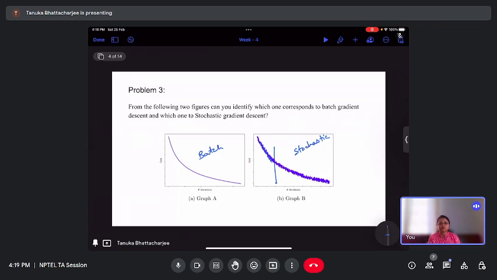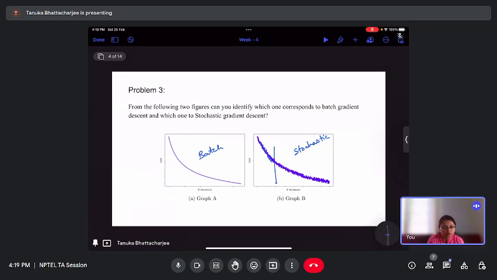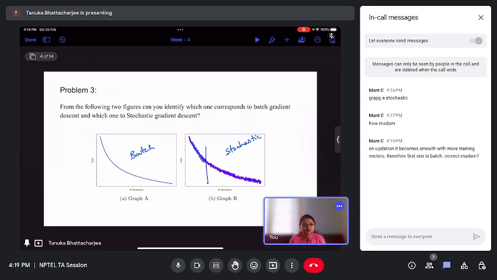So, you get a smooth curve, whereas when you are doing stochastic, it becomes smooth with more training vectors, therefore the first one is batch, correct.